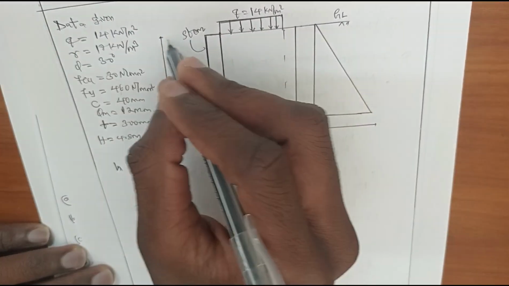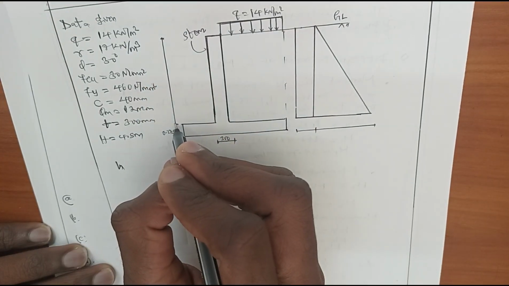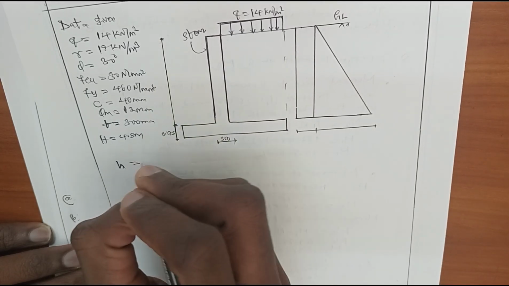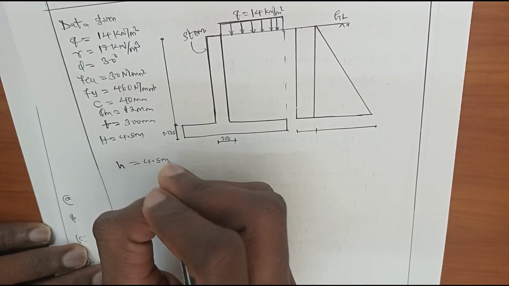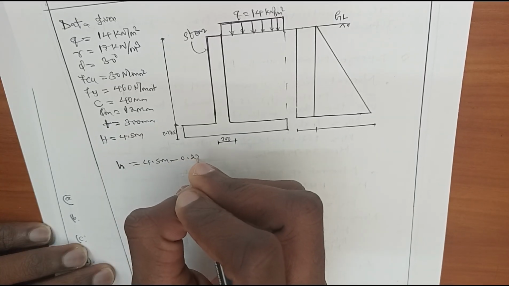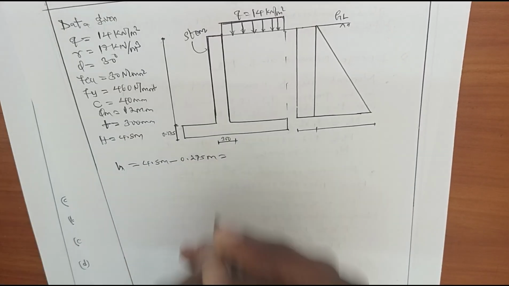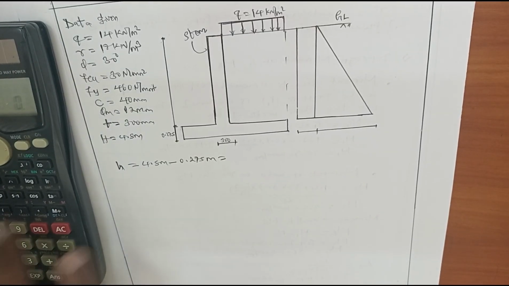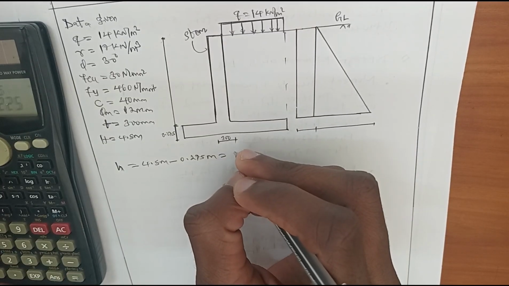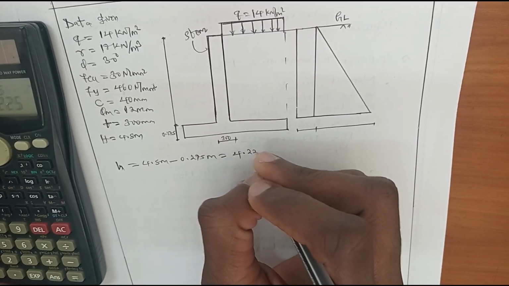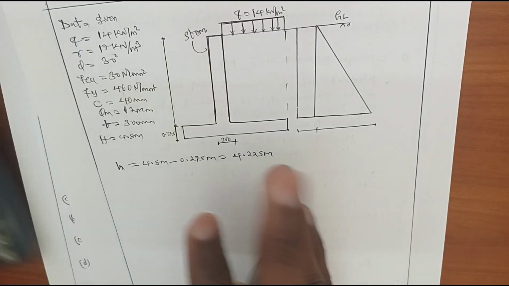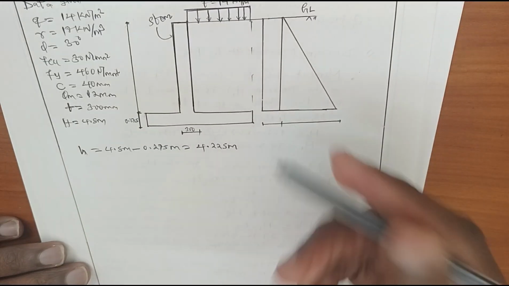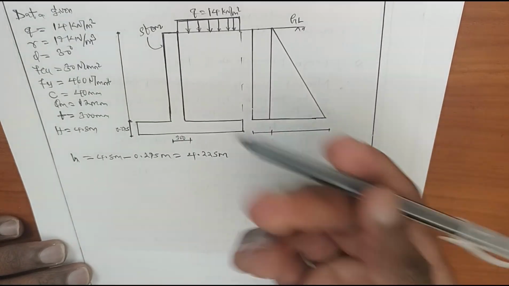To obtain the height of this stem from the base of the retaining wall up to the ground level, we take 4.5 meters minus 0.275 meters, which equals 4.225 meters. This is the height of the stem, which we are going to use for designing the bending moment and shear force.